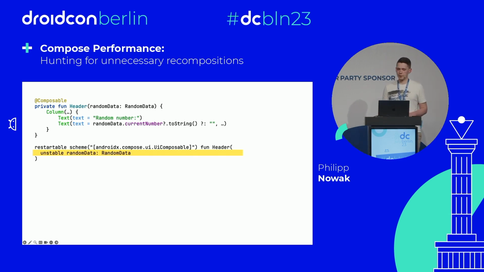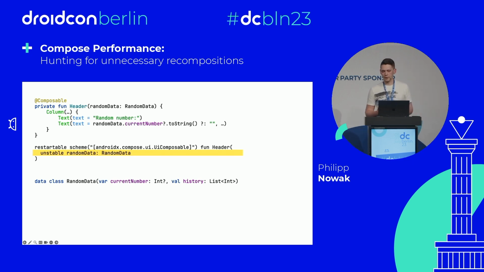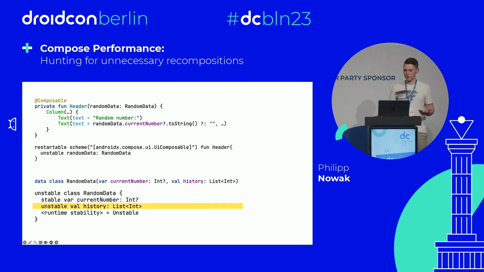For the sake of completeness, here's the definition of our RandomData model class. Everything it contains is a nullable integer parameter and a list of integer for the history. If we now take our classes text file from the reports and look for the RandomData class, we can see its parameter history is considered unstable, and therefore the whole class is considered unstable too.